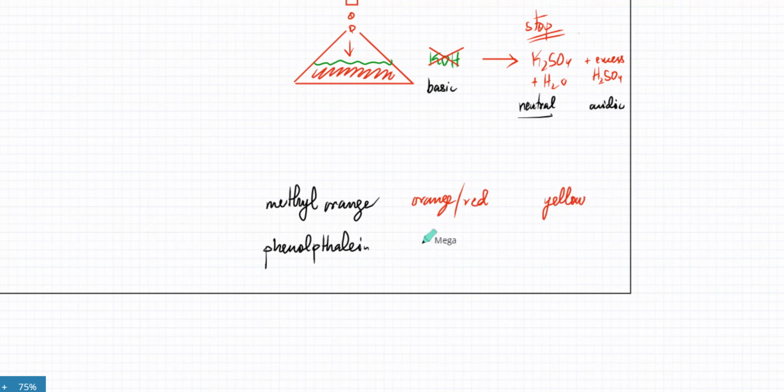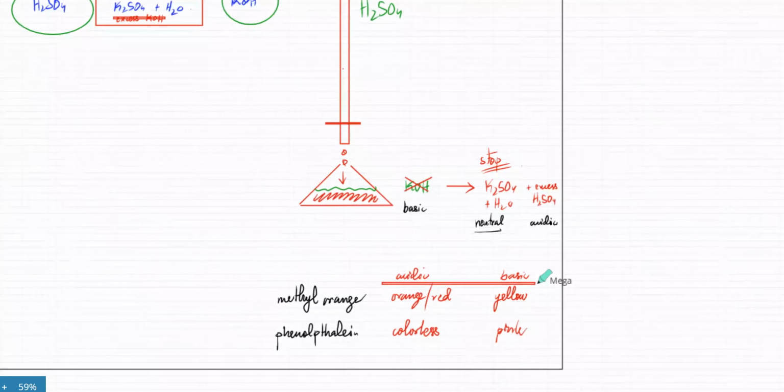And this one is going to be colorless in acidic. And the other color is going to be pink. So in acidic medium, so this is acidic, this is basic. So you need to remember these color changes.